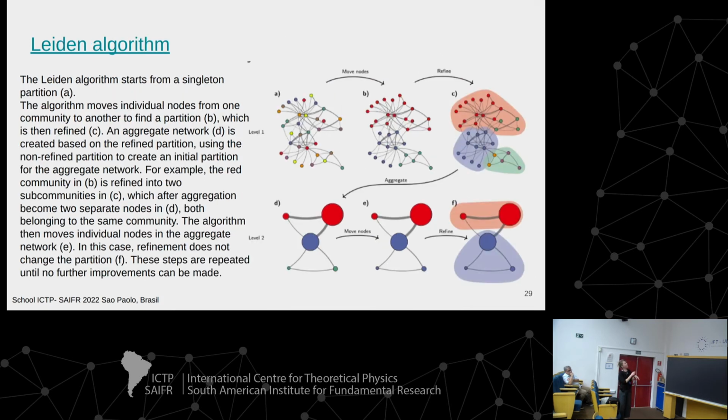So here is the algorithm that we implemented, called the Leiden algorithm. It is in this paper, called From Louvain to Leiden, and it is shown that it starts quite in the same way as Leuven, but it gets a better partition.